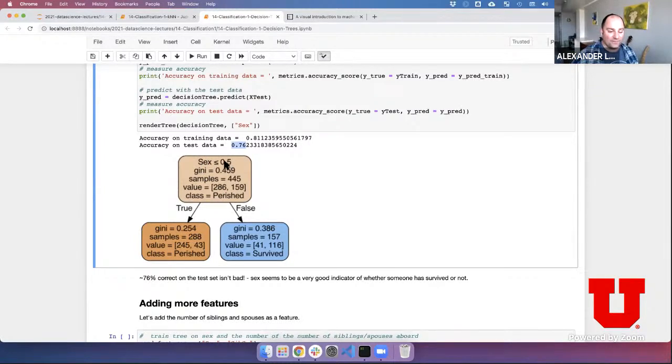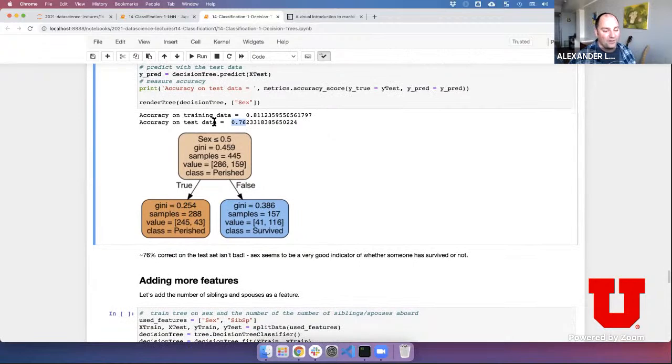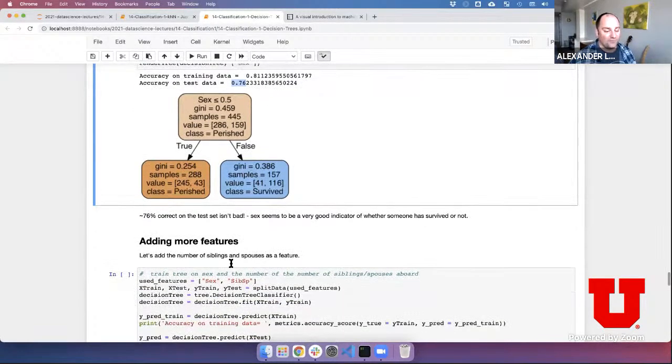If sex is smaller than 0.5, then predict perished, and then you get how many people were correctly classified and how many were incorrectly classified. So we have 245 correctly classified and 43 misclassified, and the color coding is also used to give you a sense of how accurately this class represents this node. The darker this is, the more accurate it is. So we have overall 76% accuracy, which isn't all that bad.